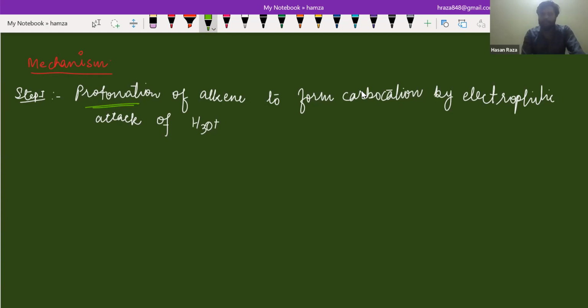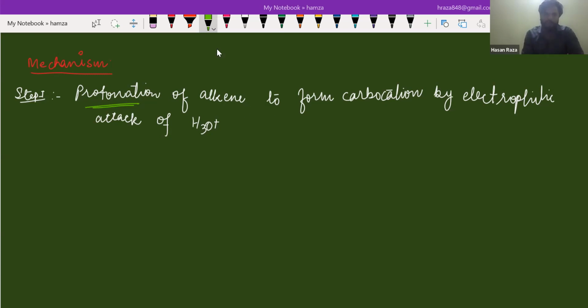Nafisa, Hamza, Sneha, Alia. So see, basically protonation means addition of a proton, and proton means H plus. So in the first step, addition of not hydrogen, but H plus. Hydrogen has an electron and a proton as well, and H plus is the only species which has only the proton left. There is no neutron and electron in H plus. So basically in the mechanism, protonation of the alkene will take place to form a carbocation.